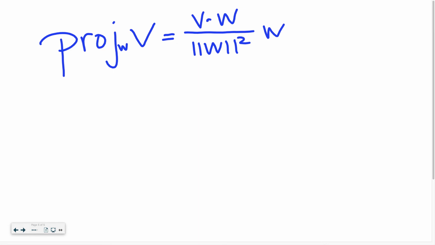Since we're in 3 dimensions, this is just going to be a 3-dimensional dot product, a 3-dimensional magnitude, and then a 3-dimensional vector. We're going to multiply that scalar too. So it's not going to change the process. It's just a little bit longer since we have a 3rd dimension.